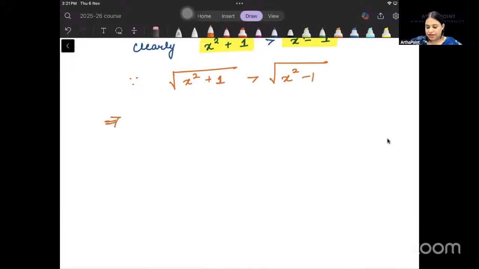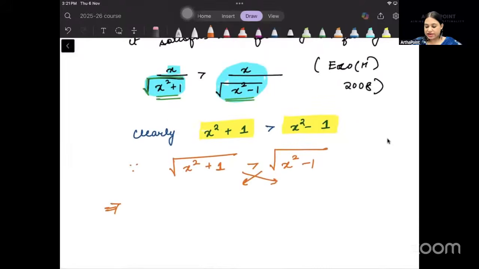Which means that if I take reciprocal, see, x square plus 1 is greater than x square minus 1. Right? So we have to understand that this is a bigger number.